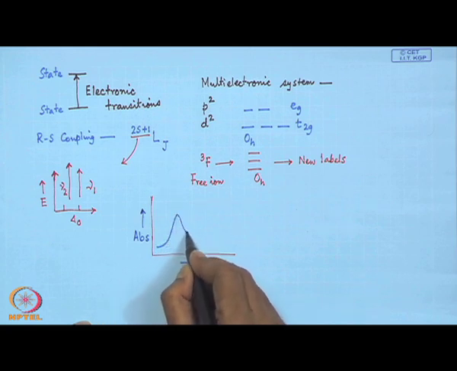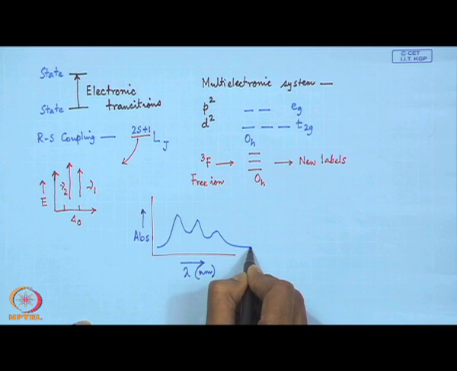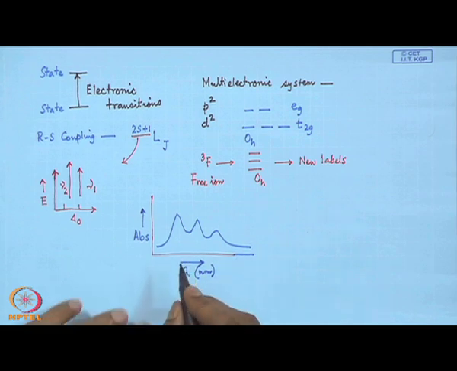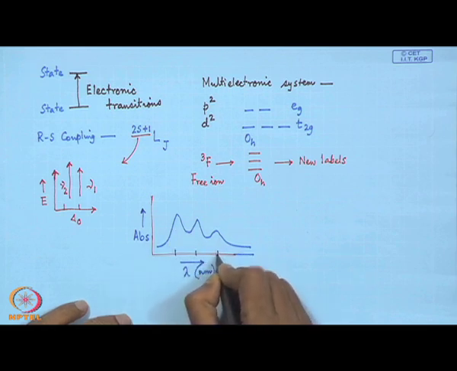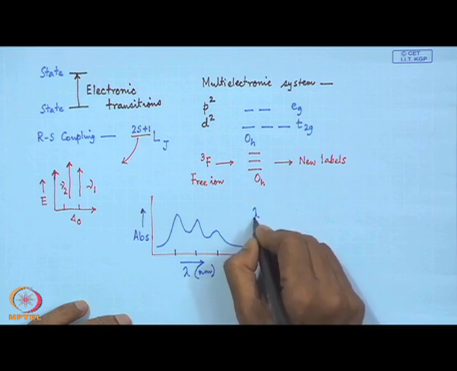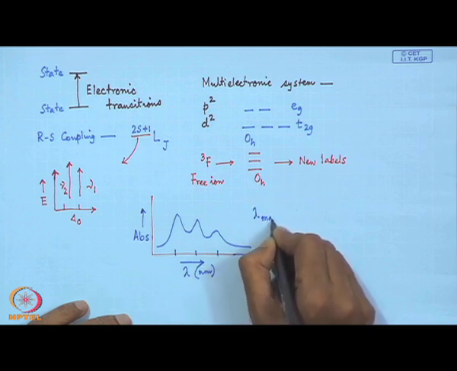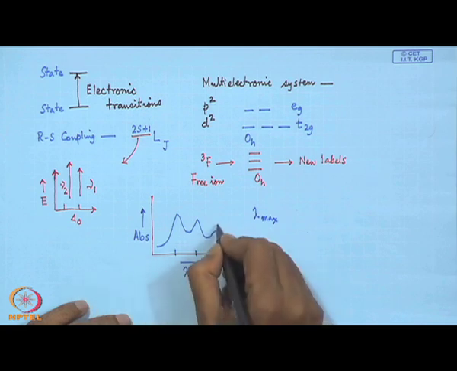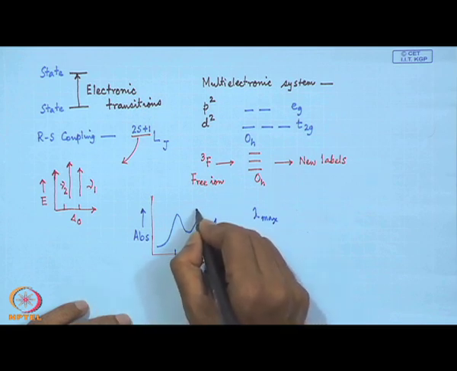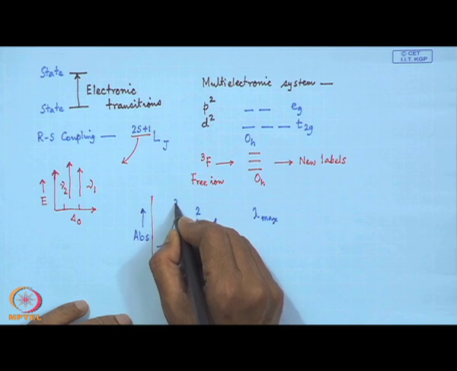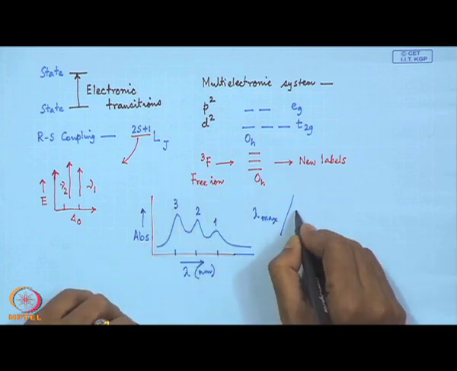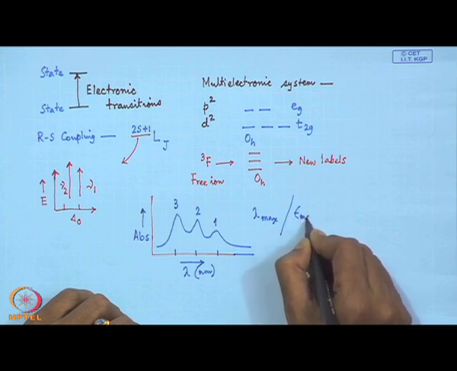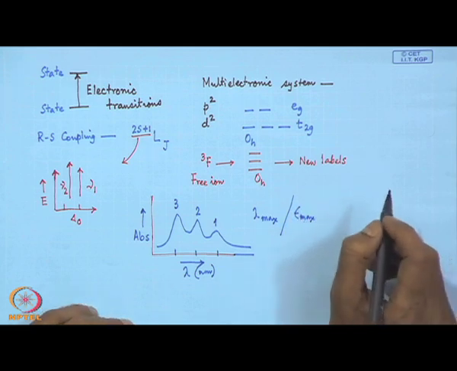If we have the spectrum in this fashion, we get the corresponding lambda values, and these values are known as the lambda max values. This can be lambda max 1, this can be lambda max 2 and this can be lambda max 3. At the same time we will have their epsilon max values.